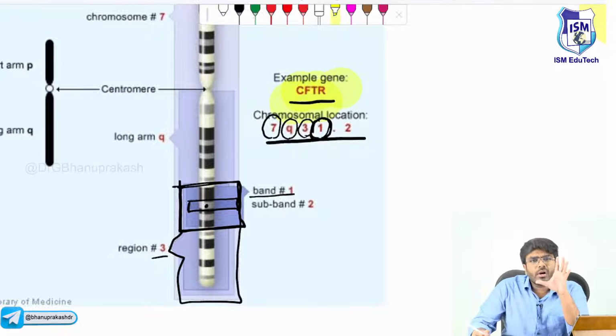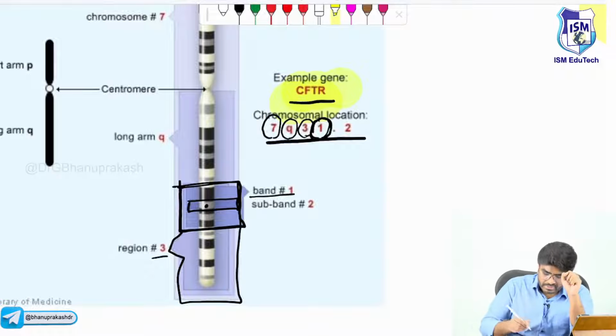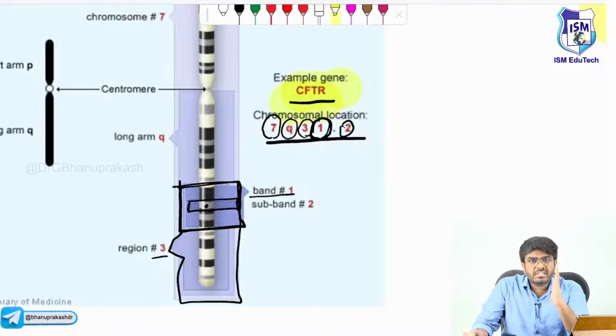So now tell me, what is this 7q31.2? The first number stands for the chromosome, then the P or Q arm, next the region, band, subband. So this is the exact place where the genes are located.